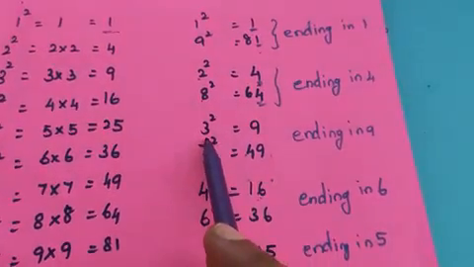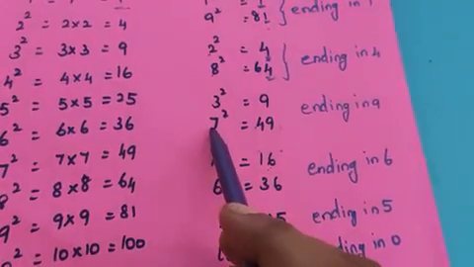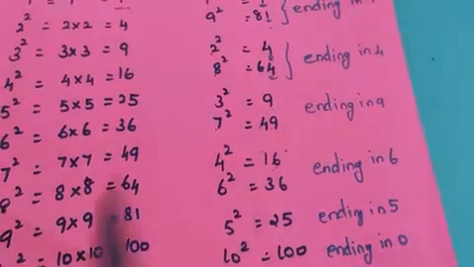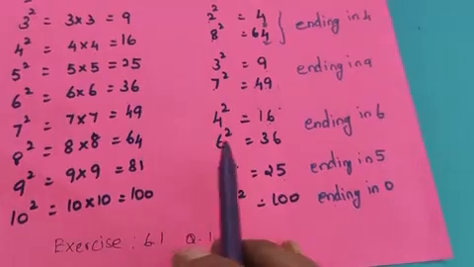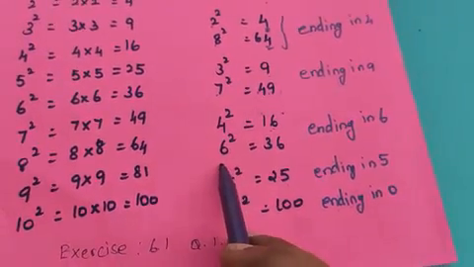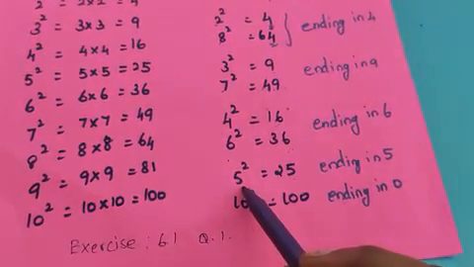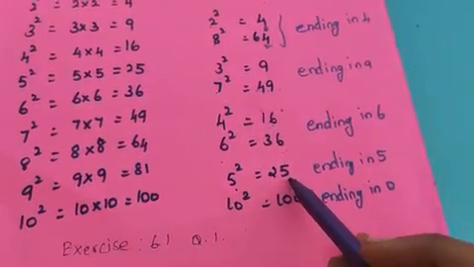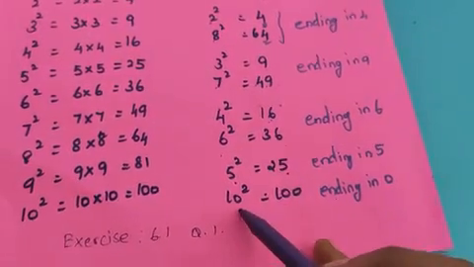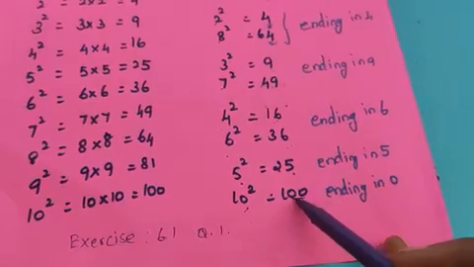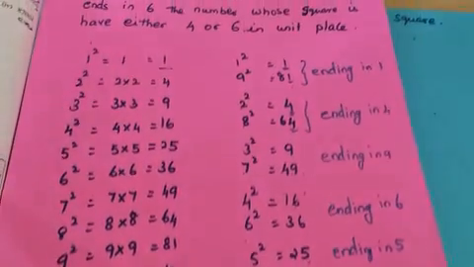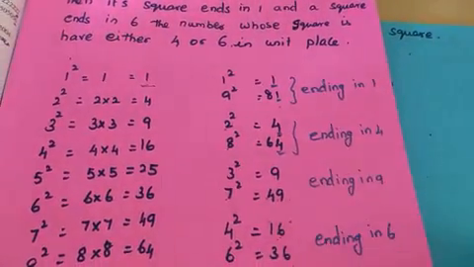If the given number's unit place is 3 or 7, it will end with 9. If the unit place is 4 or 6, it will end with 6. If the unit place is 5, the square will end with 5, and 0 means it will end with 2 zeros. Right children, I hope this concept is clear.